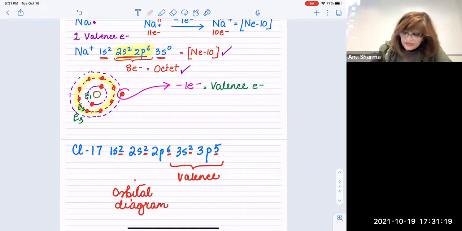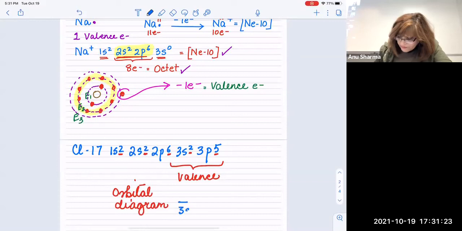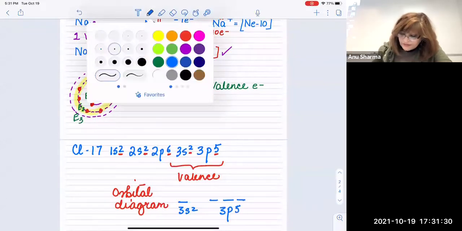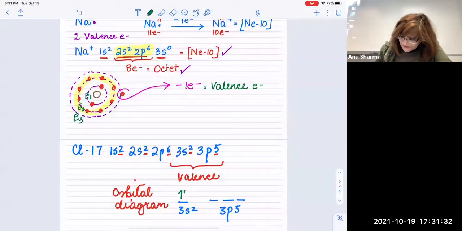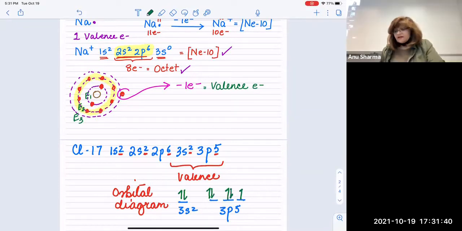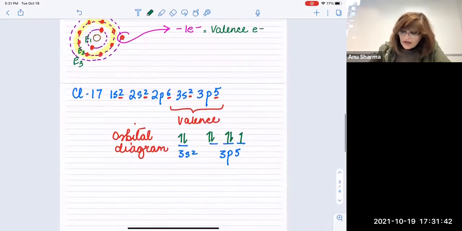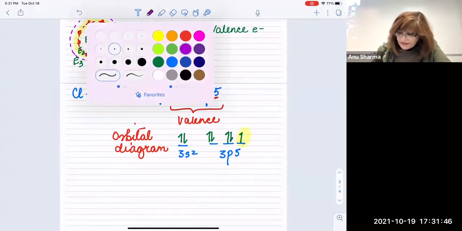And then you can see how many electrons are unpaired. So this is the 3s2 and 3p5. We see that the 2 electrons are here from 3s2 and 3p5 is always first singly occupied and then you pair them. So now you see here the 3p5 has 1 unpaired electron.